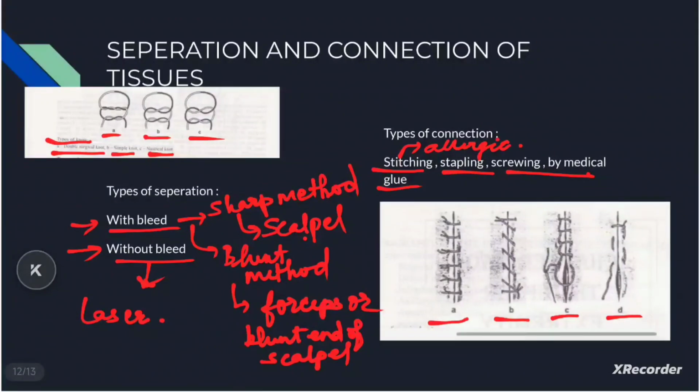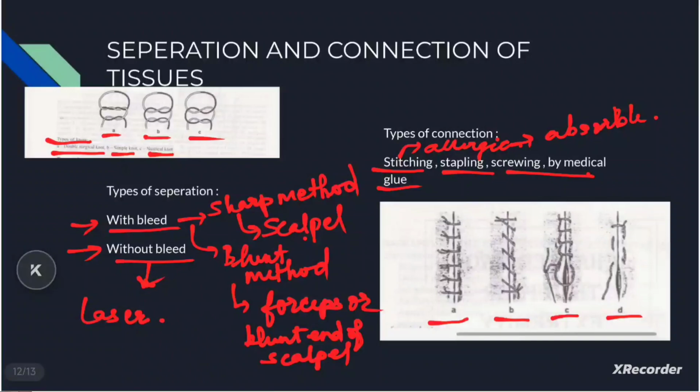Non-absorbable material includes silk sutures, which is also called encapsulation. Just remember silk sutures are used.